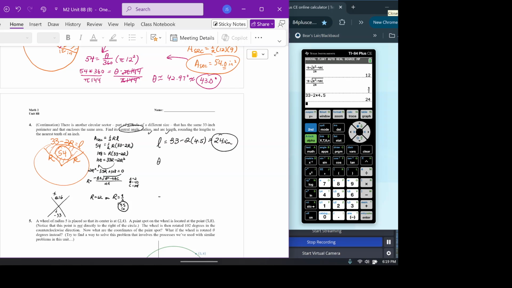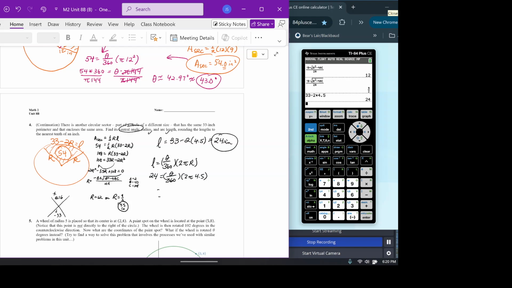So theta, we could do it a couple of ways. Why don't we do it with the arc length here? So arc length is theta over 360 times 2 pi r. So it's a percentage of the circumference. We know that it's 24. So it's theta over 360 times 2 pi times 4.5.